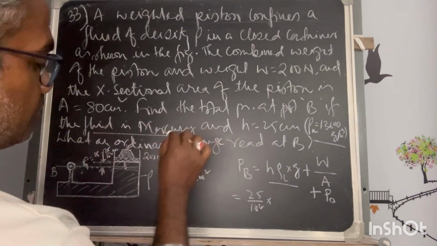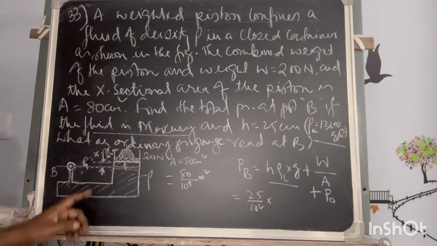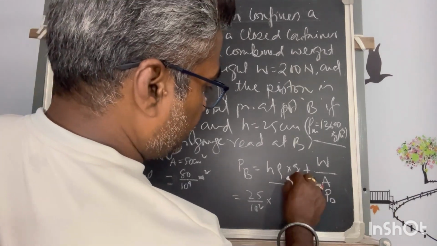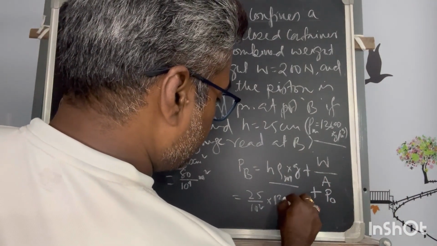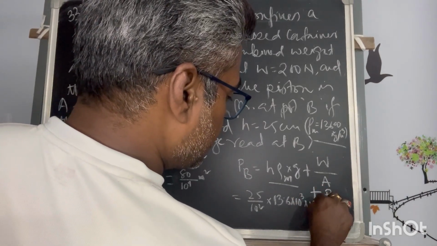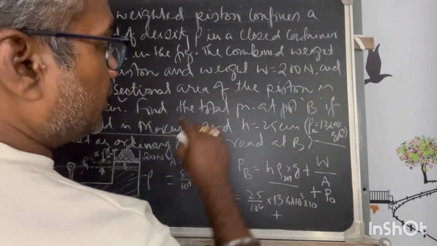So we can take the rho of mercury directly: 13.6 into 10 to the power 3, into g, which I am taking as 10. Further, the weight of this is 200 Newton.